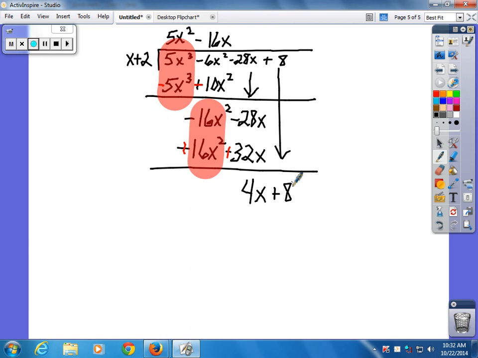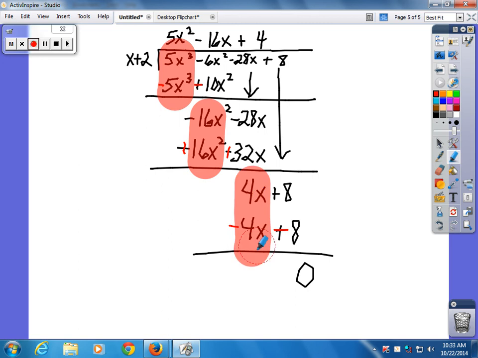And how many times will x go into 4x? 4 times, Hubert. 4 times x is, and 4 times 2 is, and our minus symbol makes this a negative and this a negative. Oh my, look at there. What happens? Well, this cancels, and what does 8 do? And you're left with a 0 remainder. So, the answer is 5x squared minus 16x plus 4.